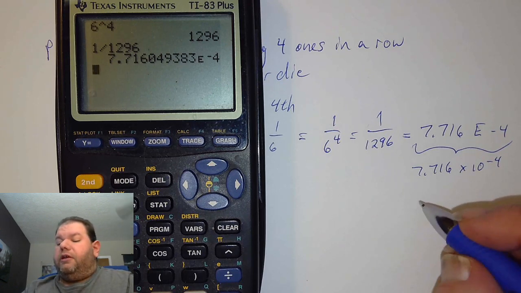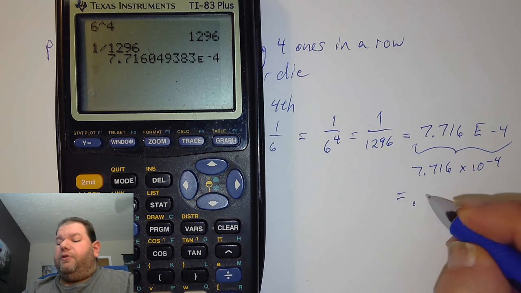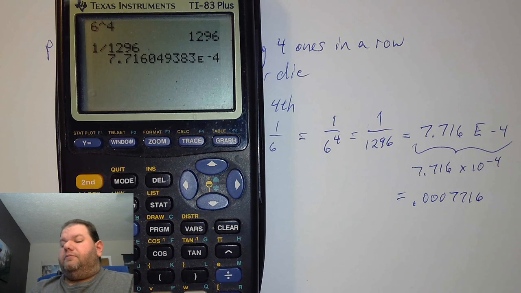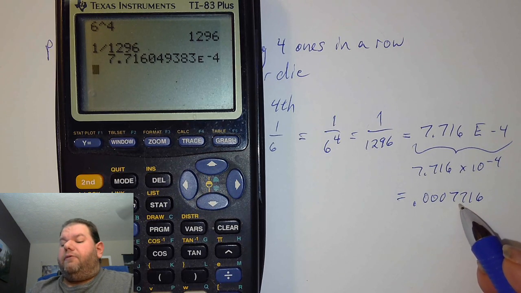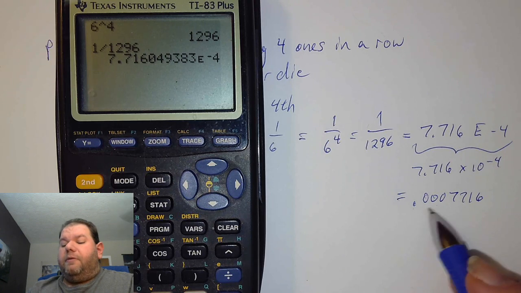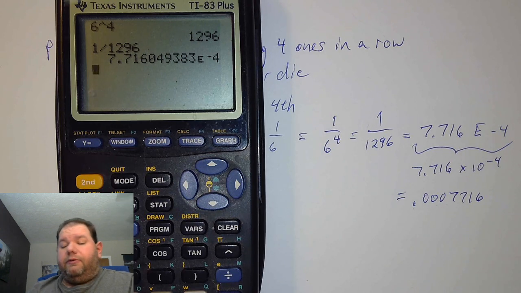And so what that number actually is 0.0007716. So that means we'll want to move the decimal 4 places to the left. So from after the 7, we go 1, 2, 3, 4 places to the left. We have some empty spaces here. We fill them in with zeros.